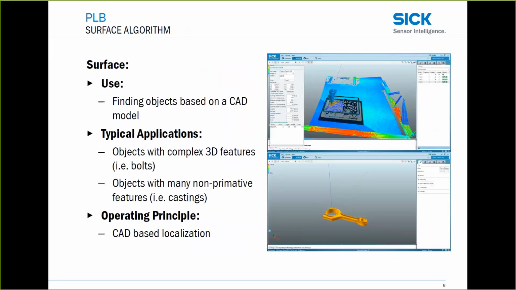So next thing here, you've got the different algorithms that we actually have built in. First is the surface algorithm. That's going to be our CAD matching algorithm. So if you have a complex part that has a lot of features on it and it doesn't really have a primitive that you can pick out, then this is going to be the one you want to use. So you'll see today I'm actually doing a connecting rod too.